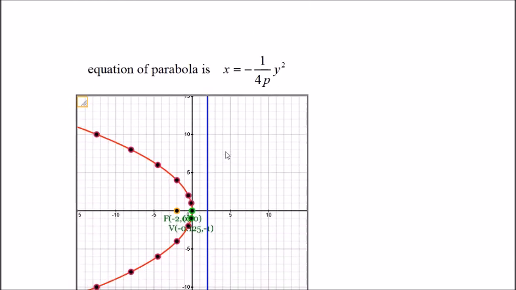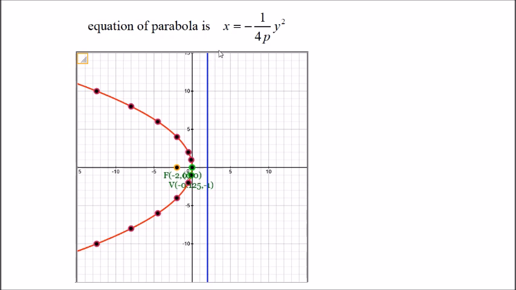And the last type, for a parabola that opens to the left side, the equation for the parabola will be x equal to negative 1 over 4p times y squared. And the vertex is located at (0, 0).